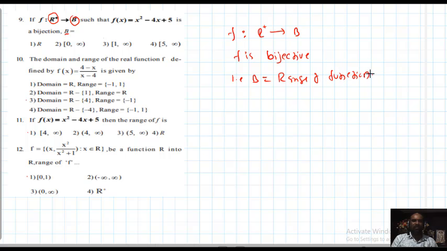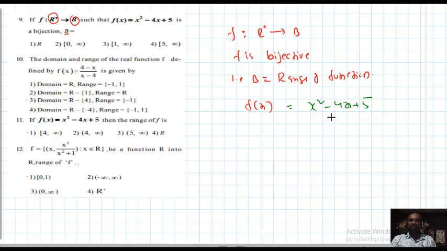Now you need to find the range of this function, R plus to B. So now f of x is given as x square minus 4x plus 5.